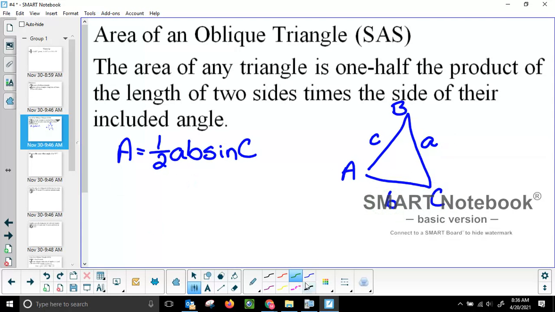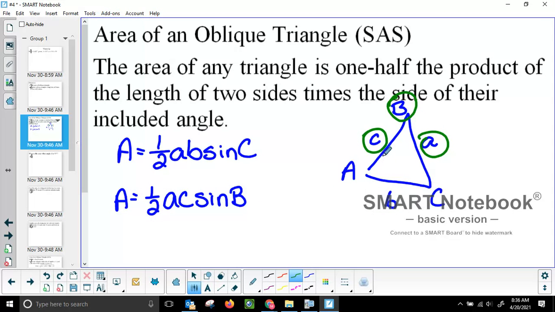So for instance, we could also do area equal to 1/2 ac times the sine of angle B. Here we have side a, side c, and then angle B is the angle between them, so that works as well.